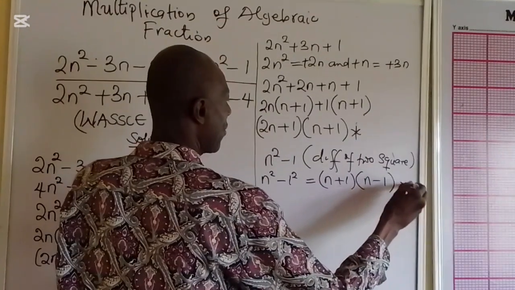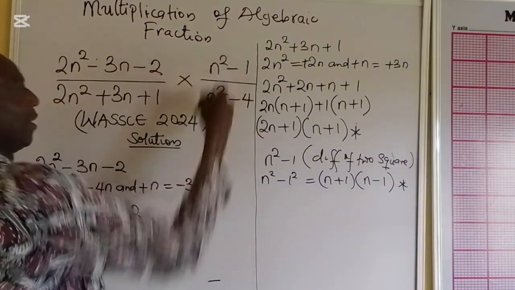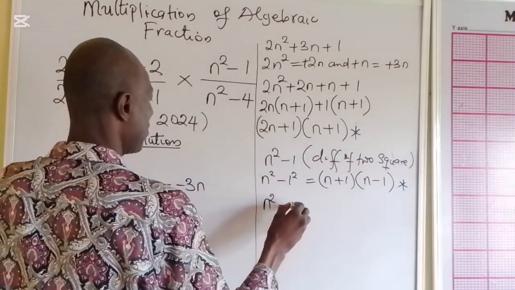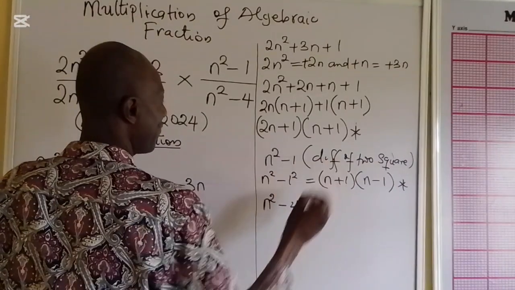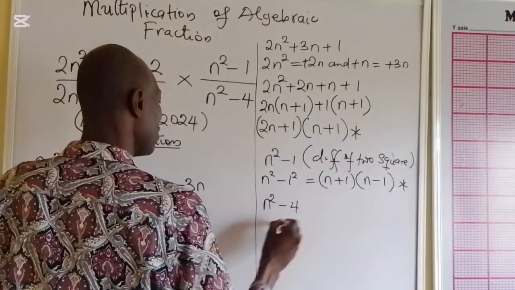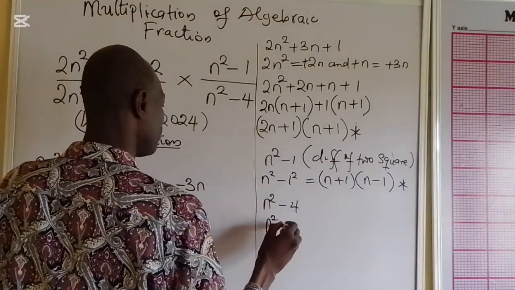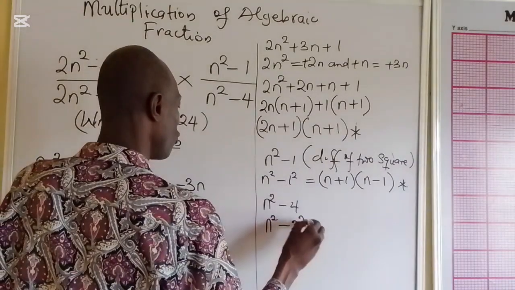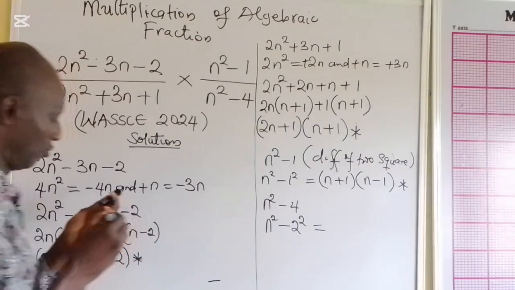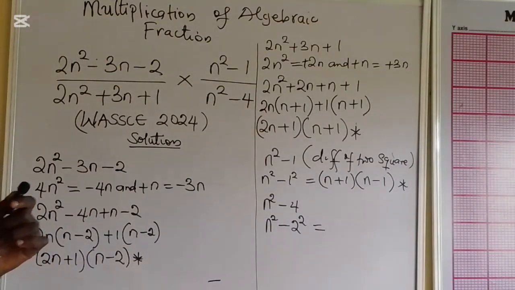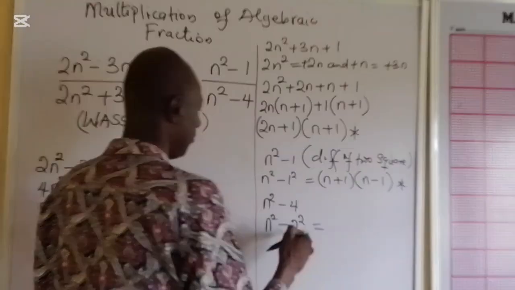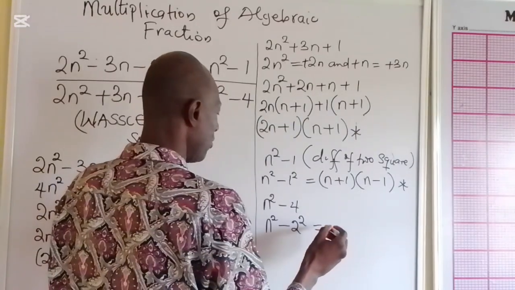So this is what I will use again in this place. What is now n² − 4? It's the same difference of two squares, so n² − 2², because 2 times 2 is 4, a perfect square.